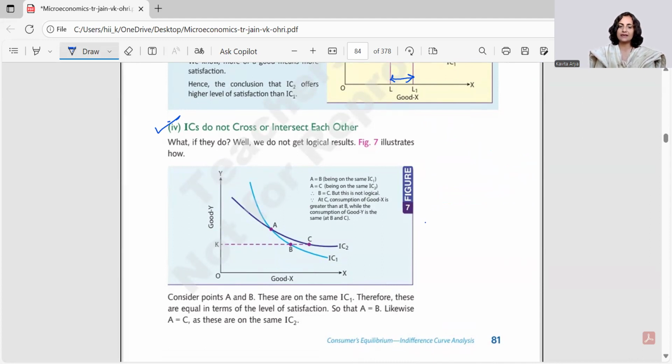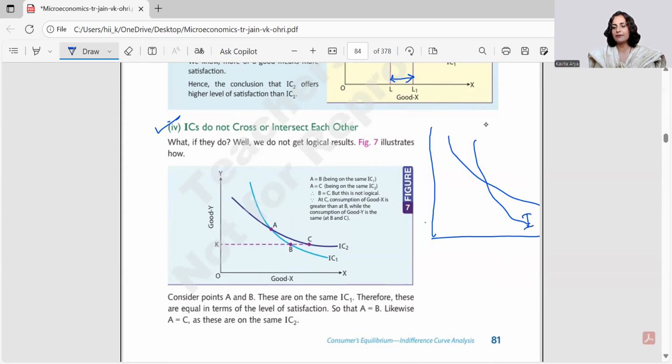ICs do not intersect each other. So, on the contrary, we are assuming that these are intersecting each other. IC1 and IC2 are intersecting at point A. Take any other two points B and C on both the ICs. From IC1, we say that the satisfaction given by A is equal to the satisfaction given by B. Why?